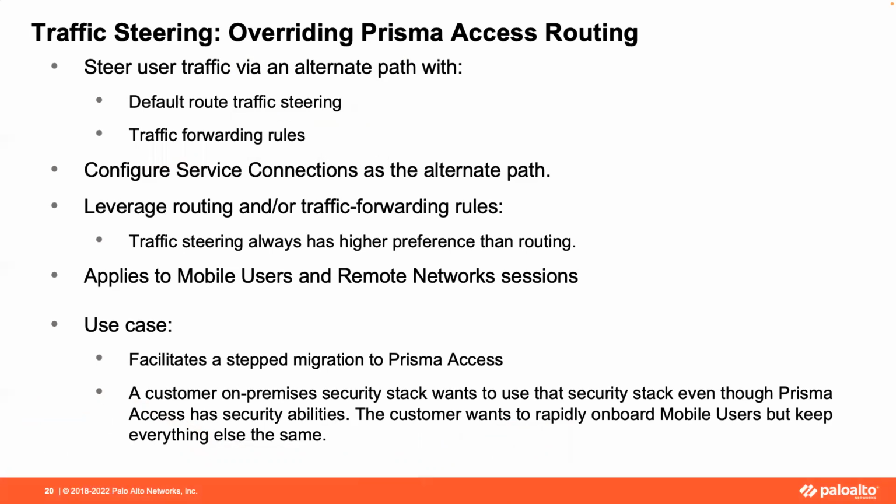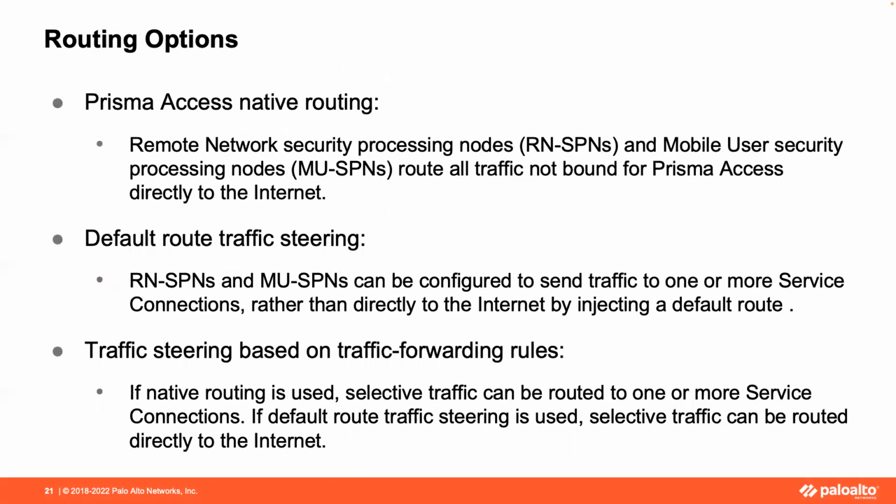So we have a different table, a different set of rules to set this up. And we have the ability to either use the default routes that are within Prisma Access configuration, and they can ignore any default routes that might be in data centers, on their routers and their peers and all that sort of thing. Or we can use traffic steering.